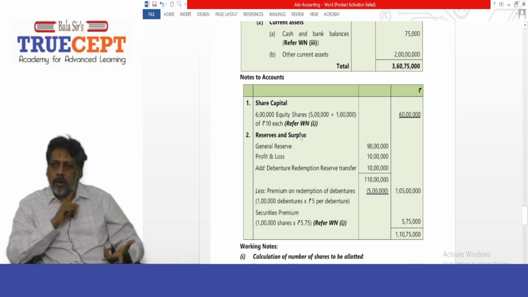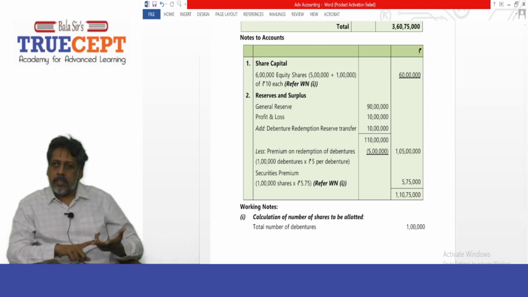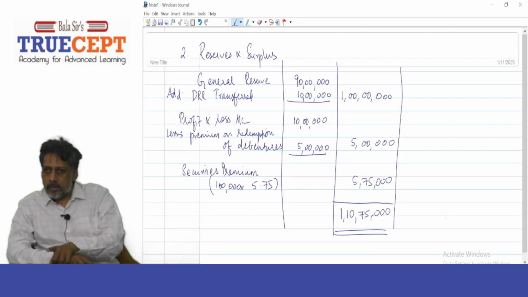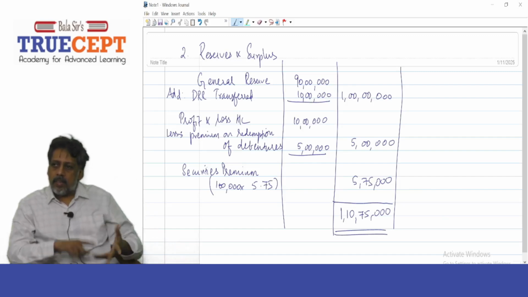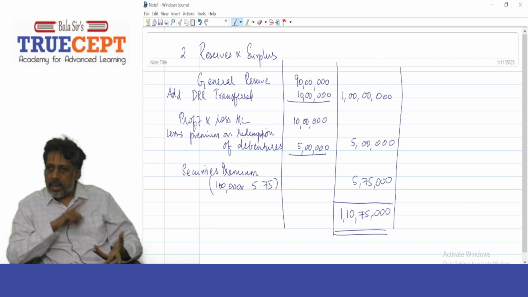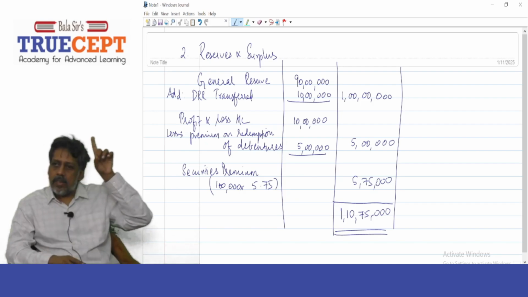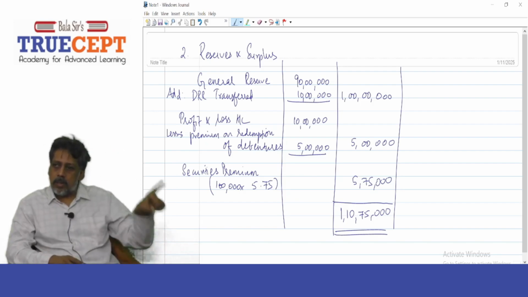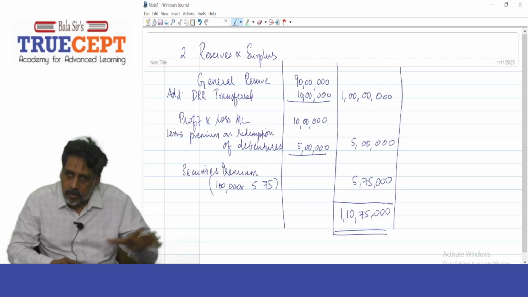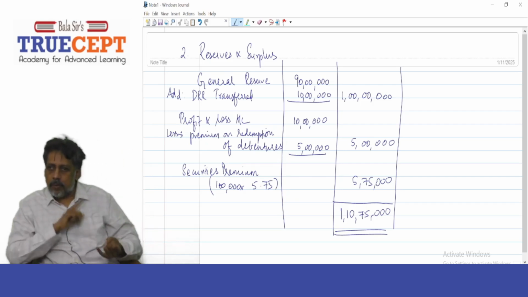Then comes note number 2, that is reserves and surplus. What is the balance in general reserve given in the question? 90 lakh. And we know that whenever the debentures have been redeemed, the balance in DRR, debenture redemption reserve, will be transferred to general reserve. How much? 10 lakh transferred. So in all, 1 crore will be the balance in general reserve.